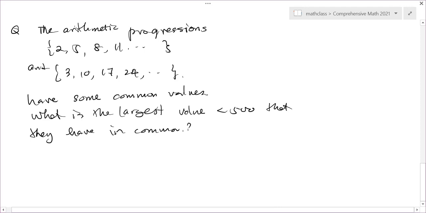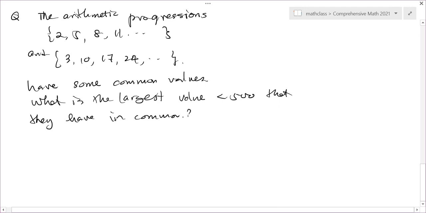Now, can you figure it out quickly? Again, you have to get an equation. No equation, you cannot solve the problem.